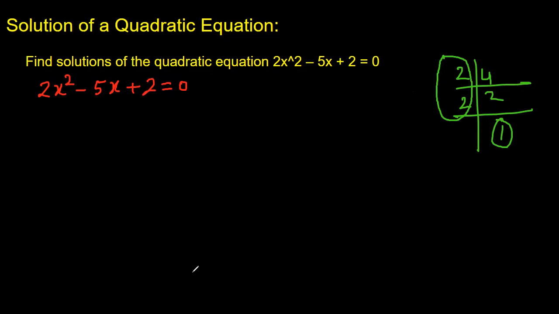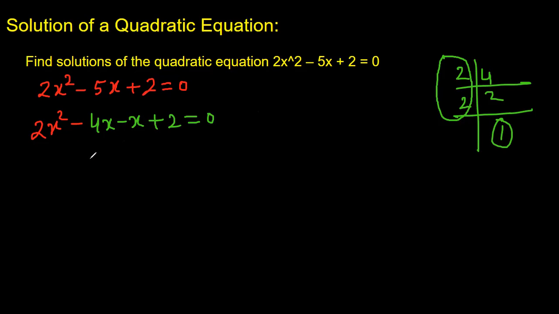So our expression can be written as 2x squared minus 4x minus x plus 2 equal to 0. Now adding, we get -5, and multiplying, of course, we'll get 4x squared.